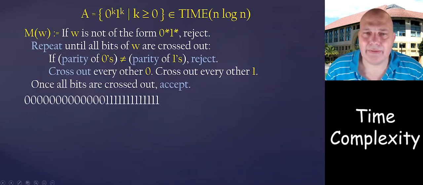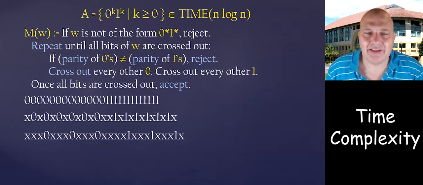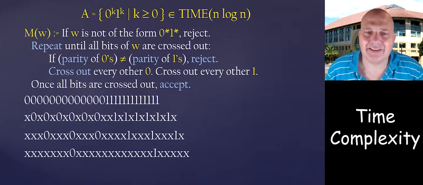So as an example, we are going to cross off every second 0, every second 1. We're going to cross off every second 0 again of the remaining, every second 1 of the remaining, and again every second zero of the remaining, every second one.